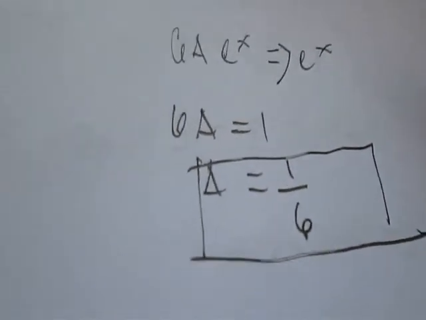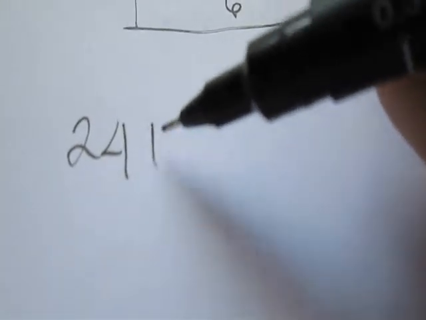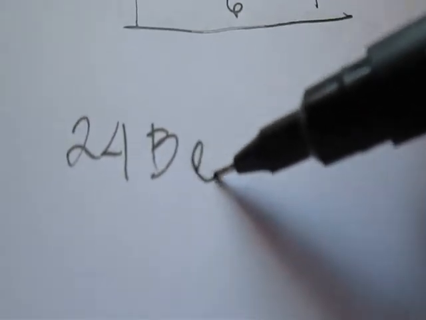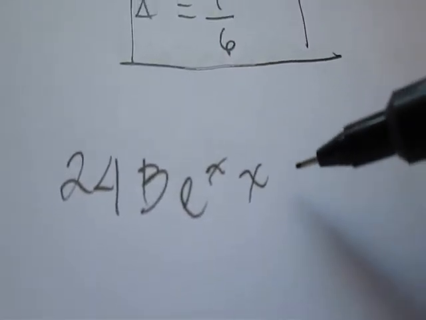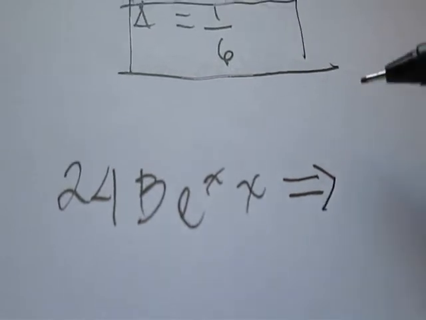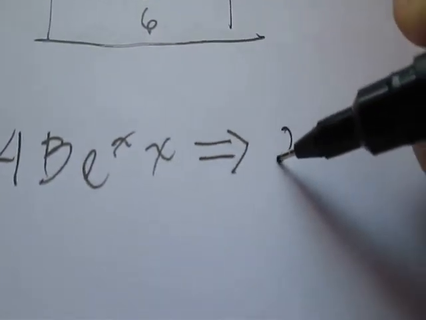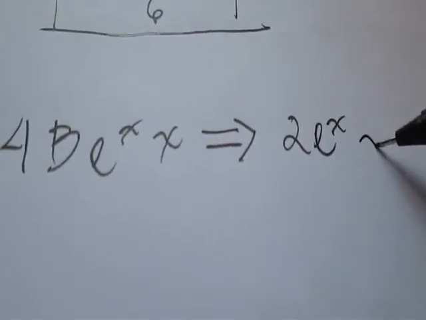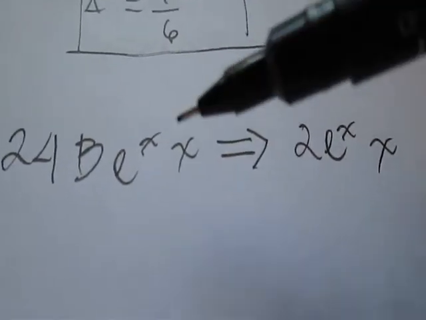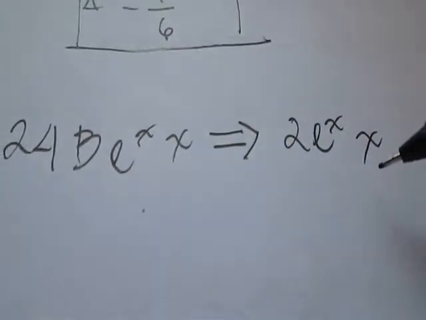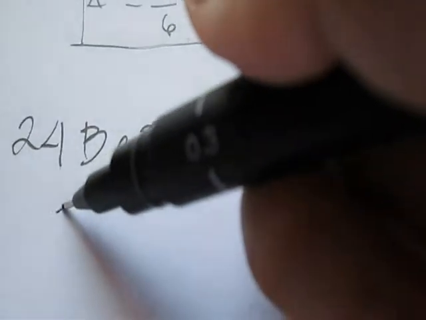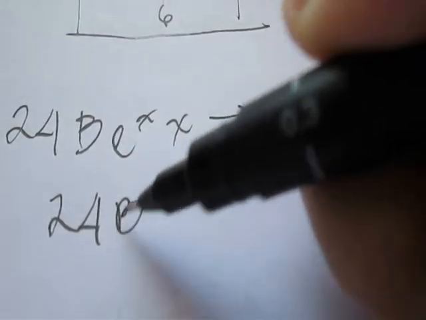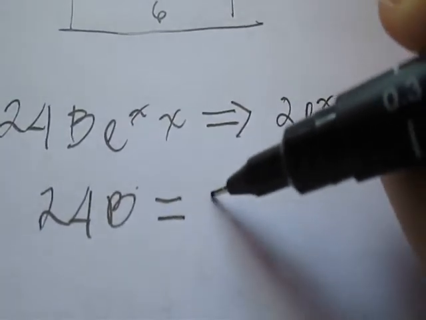That is for our a, and for our b we have the term 24b e to the power of x, and in the right hand side equation we have the term 2e to the power of x. So we have now 24b is equal to 2.